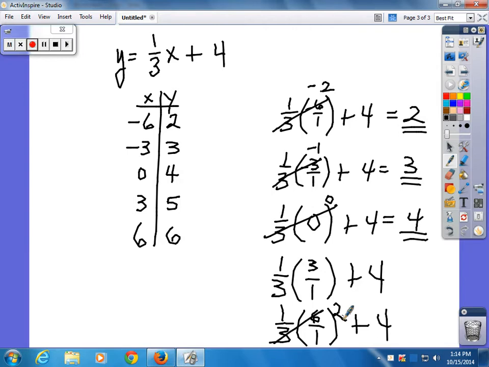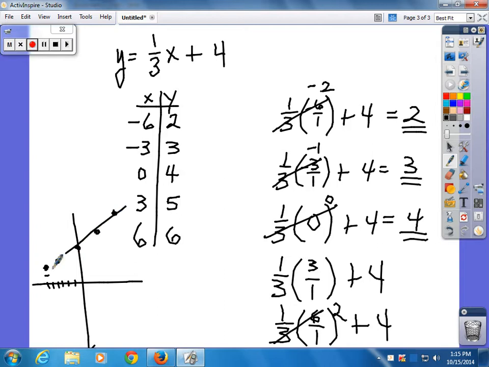And you just plot it. I'm not going to go through the plotting too much because y'all should know how to do that. -6, 2; -3, 3; 0, 4; 3, 5; and 6, 6.